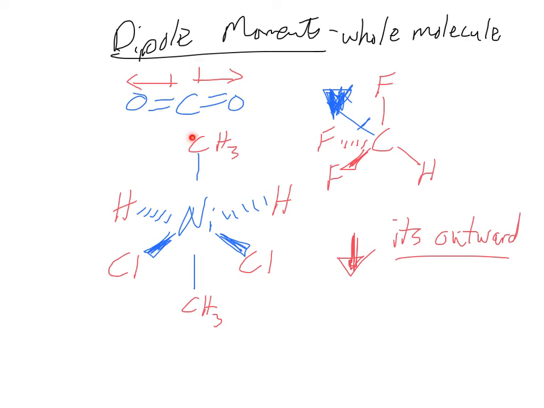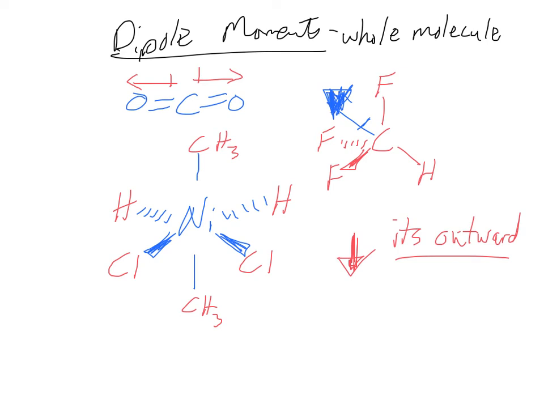So if you look for symmetry, if you start seeing symmetry, see how this molecule's symmetrical? It's getting pulled equally in the same directions. Those molecules don't have dipole moments. So if you were to switch the nickel one on H and a Cl, then that would have been. Right, good question.